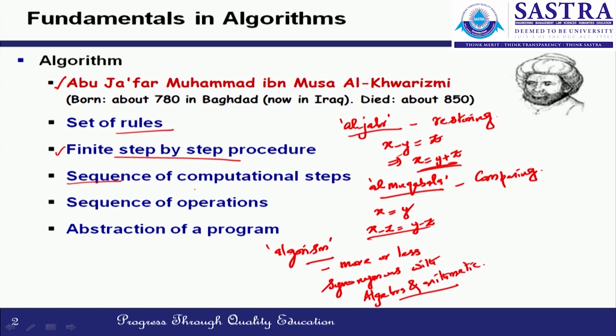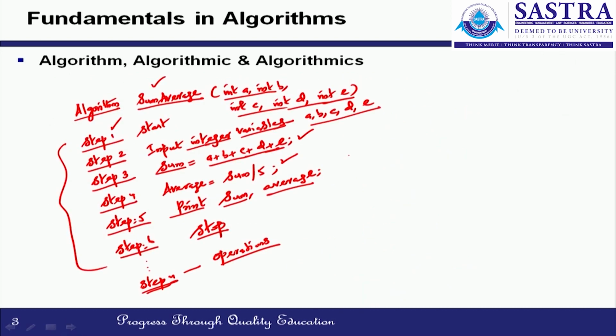So the third definition focuses on transformation. For example, we can say a transformation function f from x tends to y. f is nothing but an algorithm. What is x? x represents a list of inputs, y represents a list of outputs.